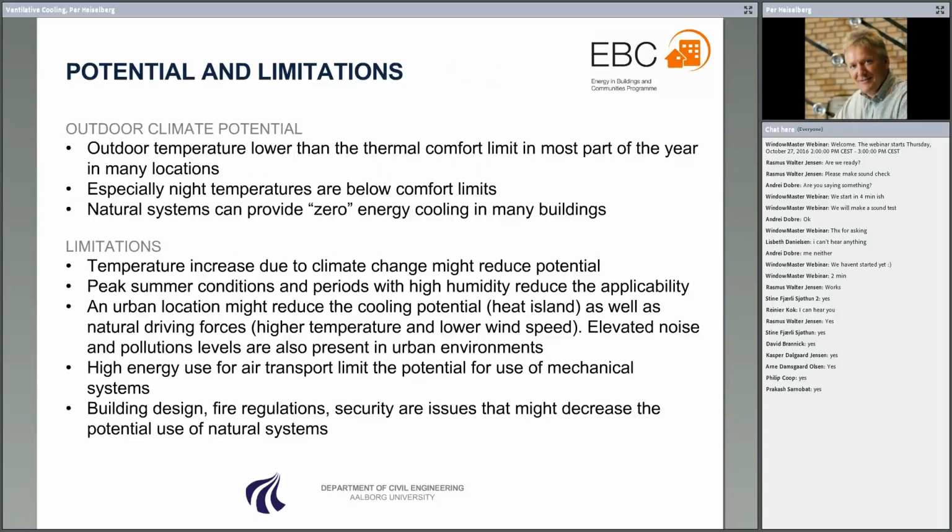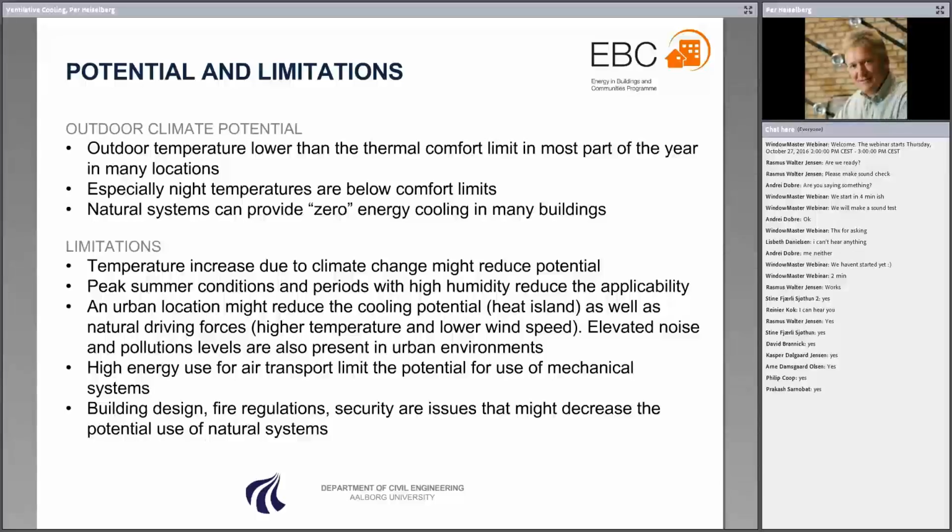If we look into the potential limitations, as I said before, we have a cooling need most of the year. So this means the outdoor temperature is often lower than the thermal comfort limits we have in our buildings. Especially during night, these temperatures are below comfort limits, so give a good potential also for night cooling.